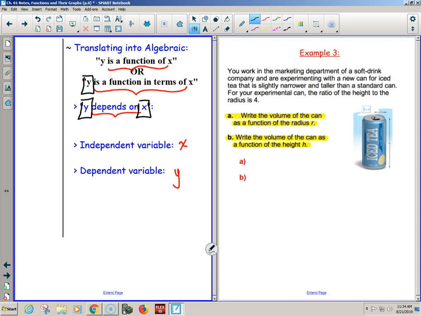But if you see something like "is a function of" or "is a function in terms of," you can make that same deduction: the dependent comes first, the independent comes second in the wording. And remember, we also talked about how independent is like the input, if that helps sometimes. The dependent is like the output. Sometimes you can kind of get that feeling from a problem depending on your variables.